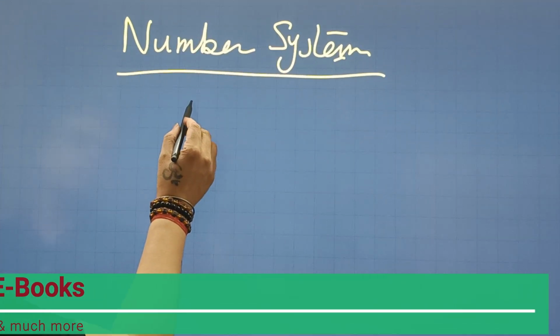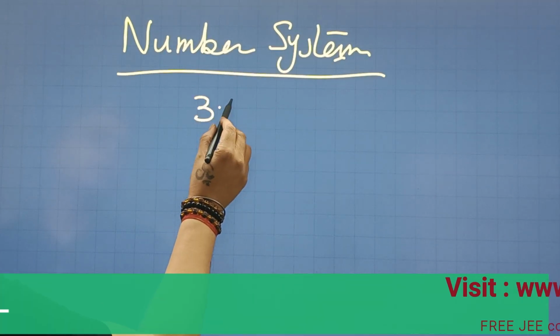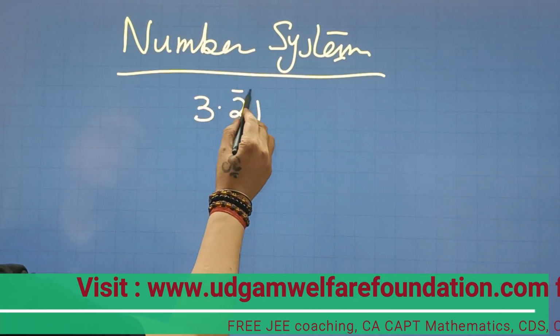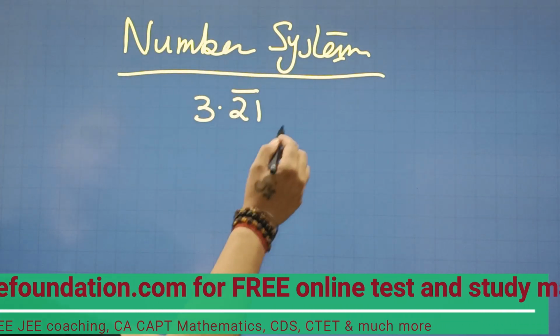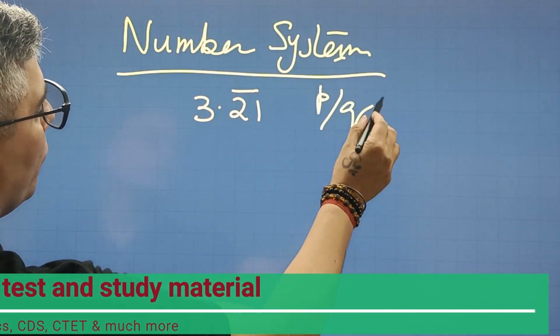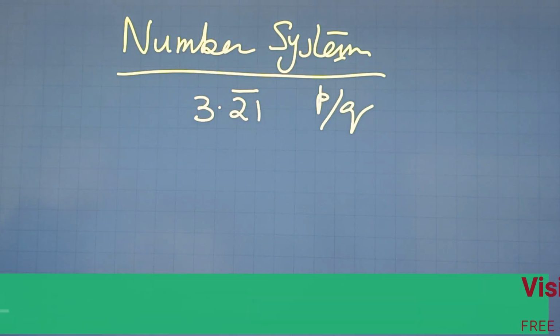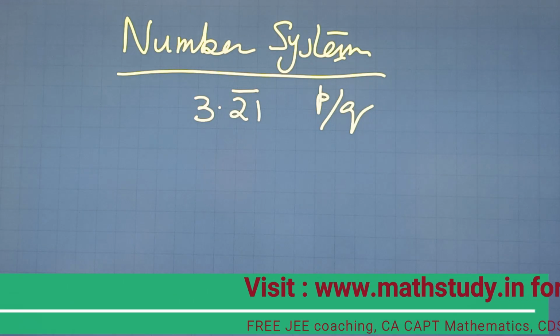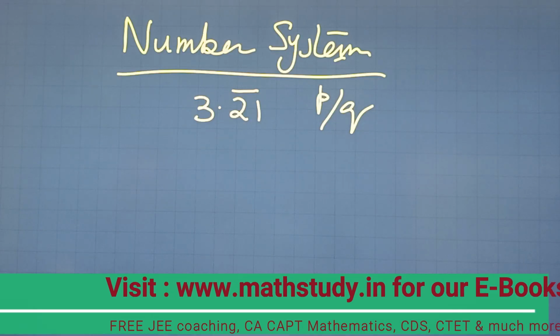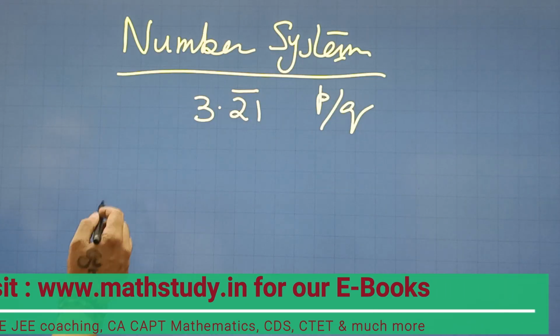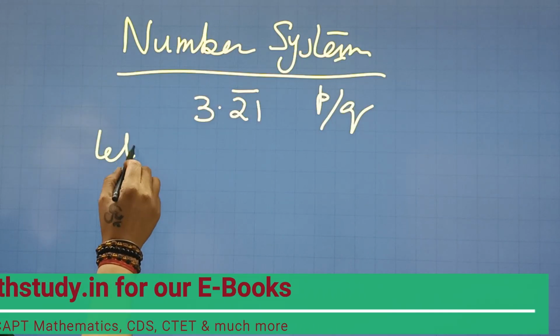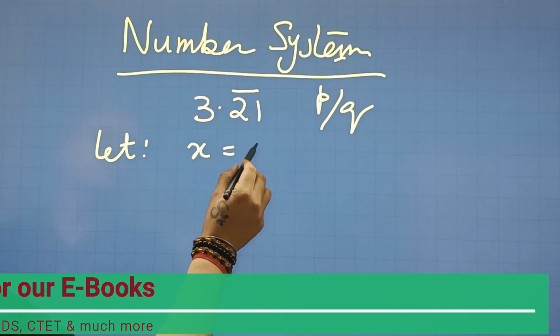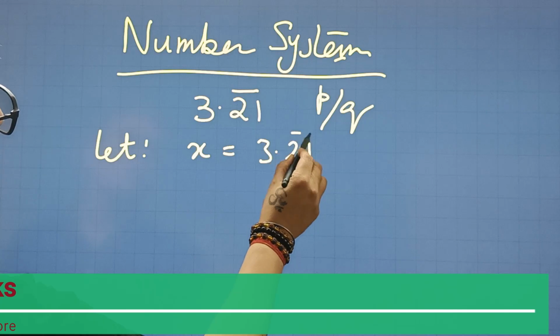Let's take another example. Let us say we have to convert 3.21 bar into P upon Q form. Very simple. Here we have two numbers after the decimal. Our first step is, let x equal 3.21 bar.